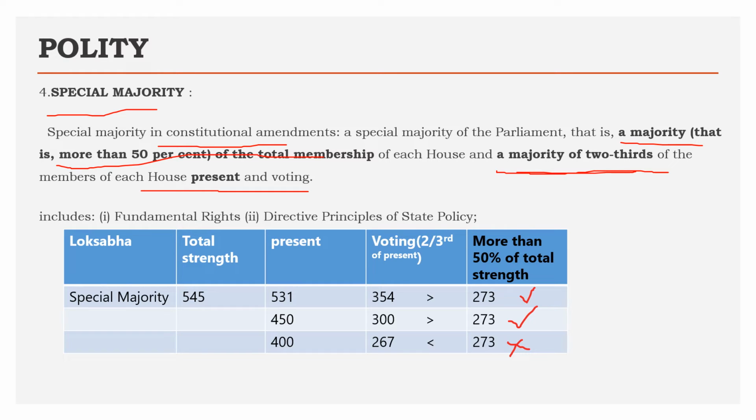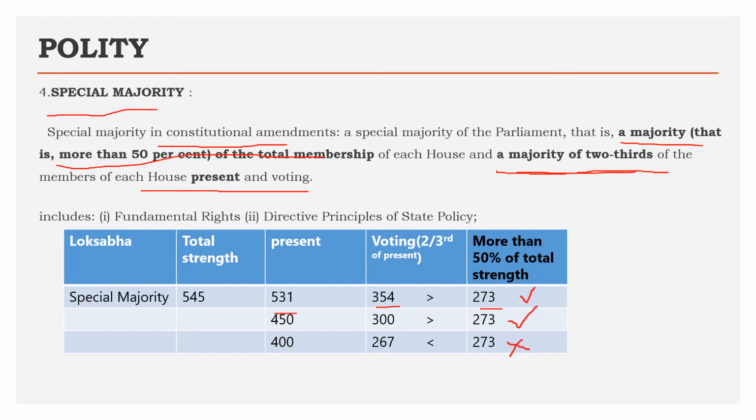So for example, if that day 531 members are present, 2/3 of 531 is 354. So here the 354 criteria is fulfilled, and also 50% of the total strength has given support, so the 273 criteria is also fulfilled. So in this case special majority is actually used.